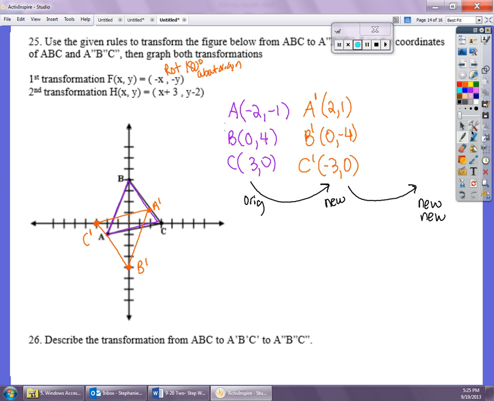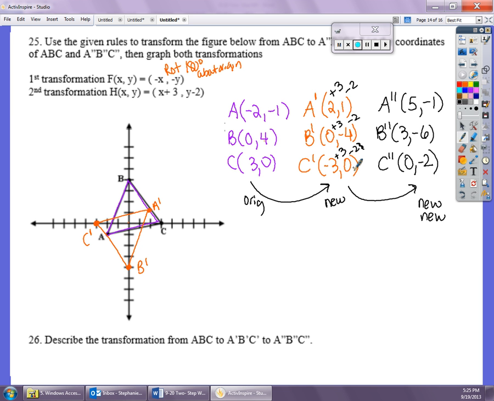Okay, so for the new one, which is a double prime, it's right 3 and down 2. So that means I'm adding 3 and subtracting 2 to each coordinate. Okay, so notice who I added 3 and subtracted 2 from.